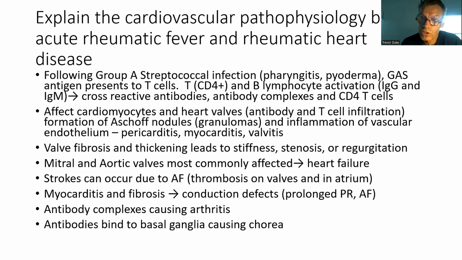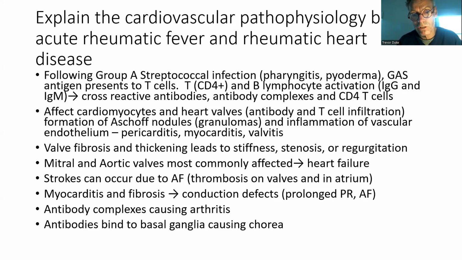The antibodies to group A strep can also affect other organs, and the antibody complexes that get deposited in joints cause arthritis, or the inflammation of the joints that occurs because of the cross-reactivity of antibodies and T cells to group A strep and joint tissue, synovial tissue, can lead to arthritis.